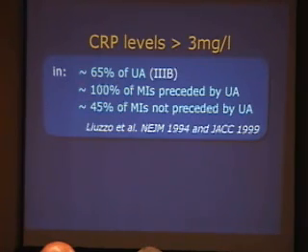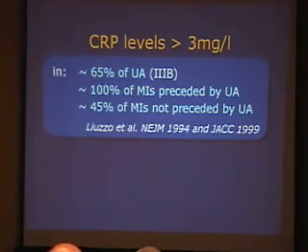And conversely, all the patients in whom infarction was preceded by unstable angina had elevated CRP on admission within 6 hours, whereas only 45% of patients presenting with an infarction just out of the blue, not preceded by unstable angina, had elevated CRP.